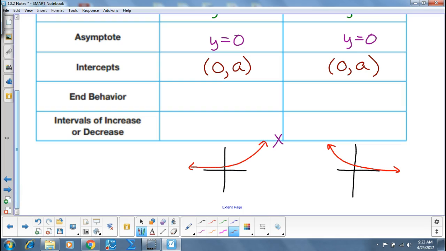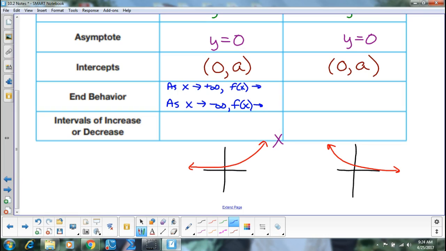End behavior now. As x approaches positive infinity, what does my function do? And as x approaches negative infinity, what does my function do? In a growth case, as x is going to positive infinity, where's my function going? My function is going to positive infinity.